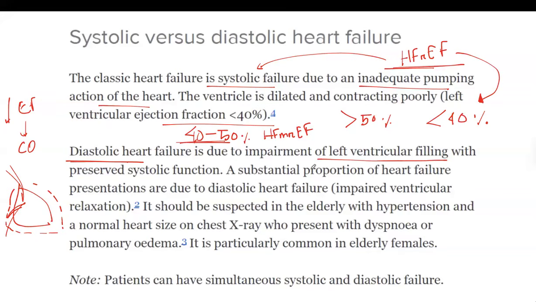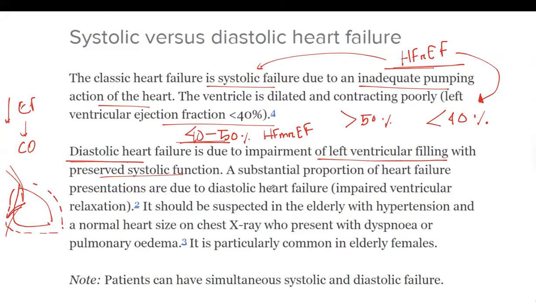So in diastolic heart failure, the heart is able to pump blood normally. So their pumping action is fine. The problem is that it's not taking enough blood in. It's not relaxing. So what will happen to the ejection fraction? Ejection fraction will be normal. Okay?